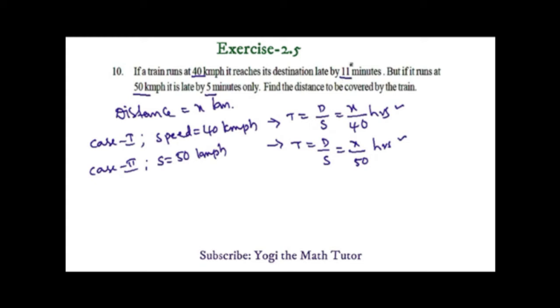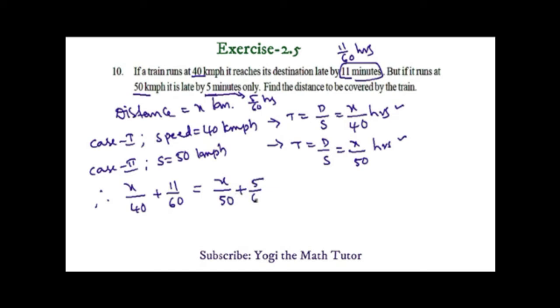Next, at 40 km per hour the train is late by 11 minutes, that is 11 by 60 hours, and at 50 km per hour it is late by 5 minutes, that is 5 by 60 hours.